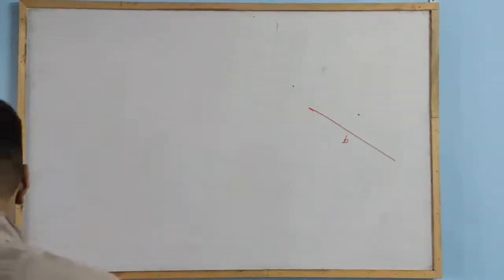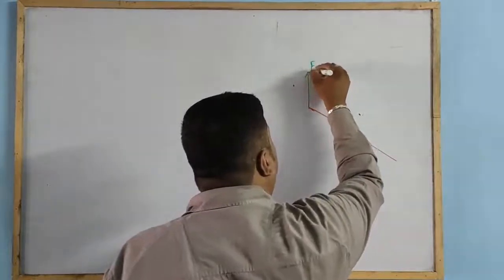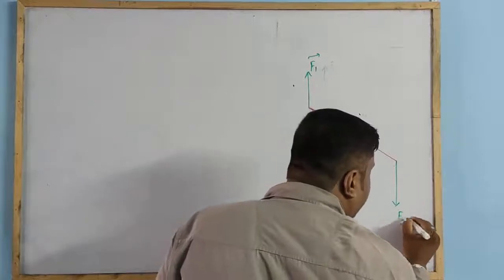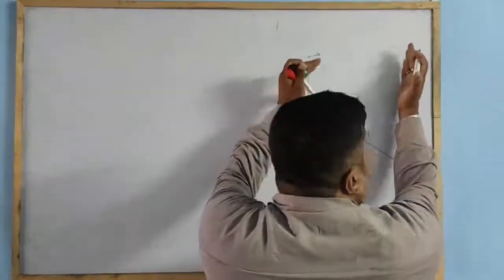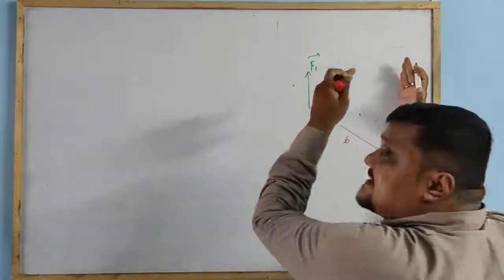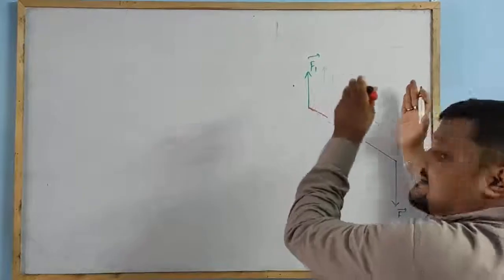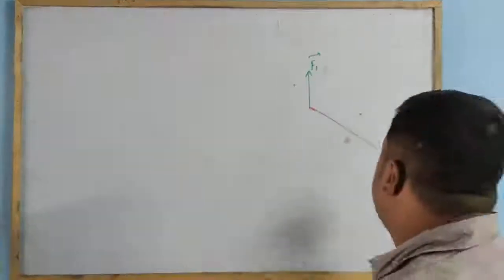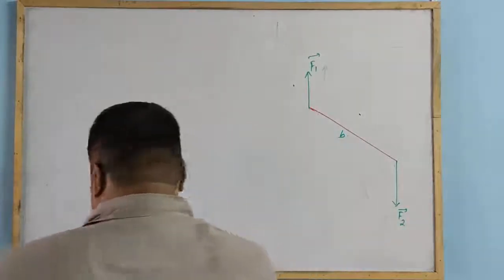One force is F1 inward, and the other one is F2 perpendicular outward. See, this is the loop. The loop is placed like this. So this is F1 and F2. Okay? Then this is the side B.